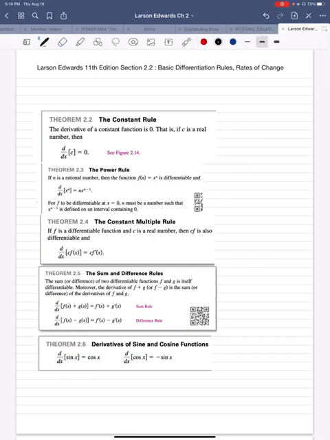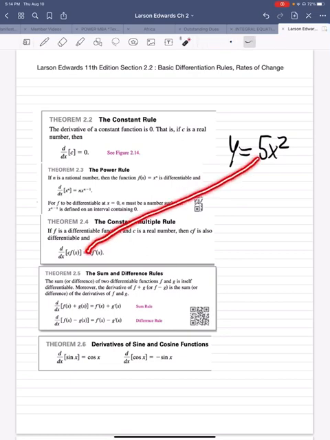The constant multiple rule is saying that if you have a differentiable function and c is a real number, then c times the function f is also differentiable. So basically it tells you that d/dx of some constant times a function is equal to the constant times the derivative of that function. How does that look? Well, let's say y is equal to 5x squared. Here, 5 is your constant in front of x squared, and x squared is your f of x.